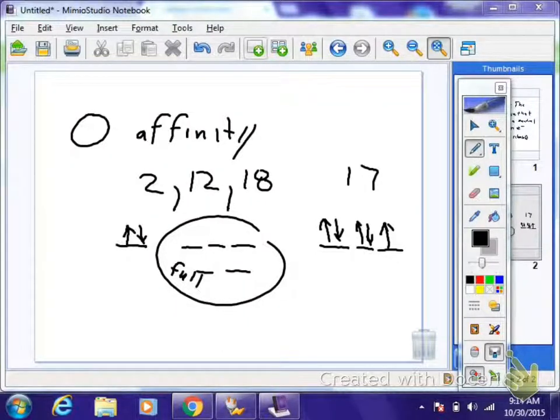Now nitrogen can be 0, and I'm not going to go into why that is, okay? But as you go across, what is the general trend across the s's and p's? It's bigger. There's more of a likelihood that that atom's going to gain an electron. So it gets larger.